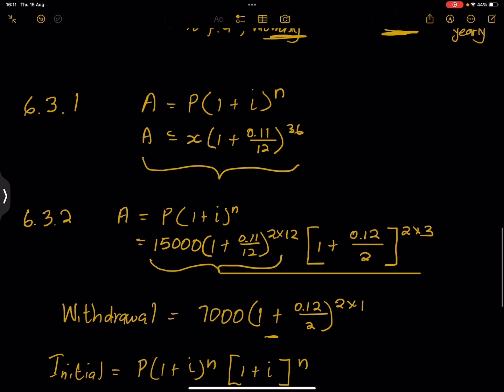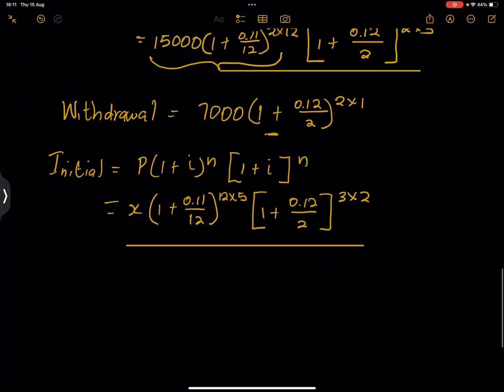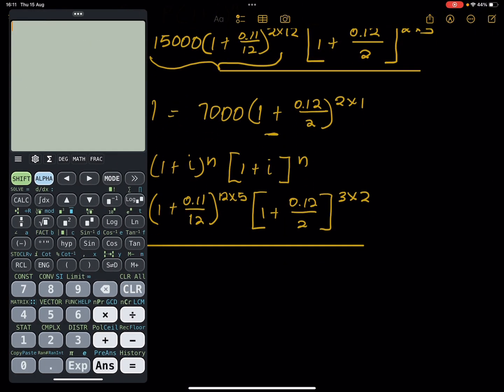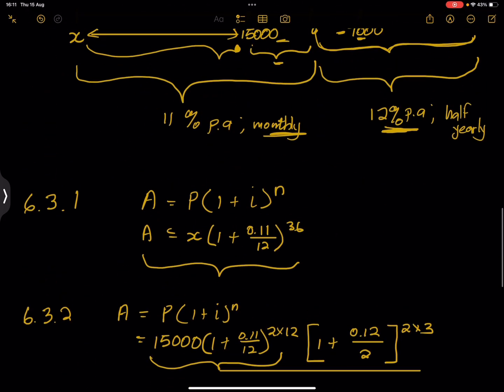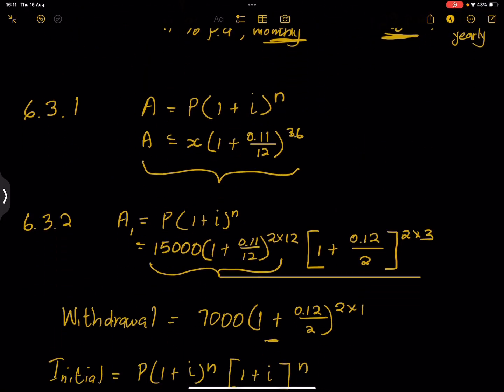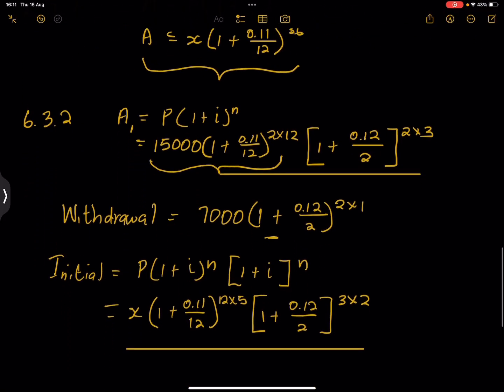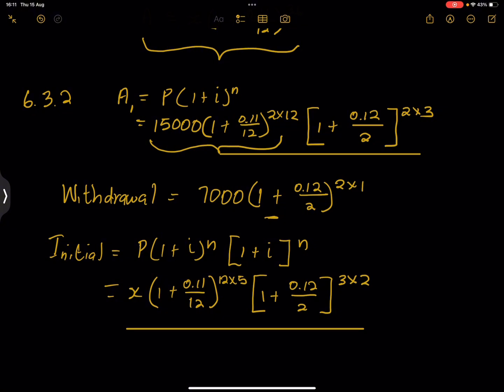Now I'm going to do that in my calculator, ladies and gents. Let's call this A1, and in fact, let's call this A2, so that you understand that. Let's call this A1 because that was the initial amount.